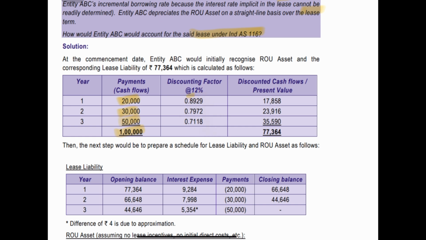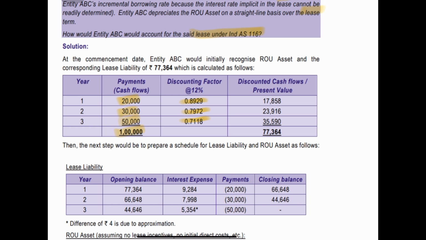So 1 divided by 1.12, you will get 0.8929, and 0.8929 divided by 1.12, you will get 0.7972, and 0.7972 divided by 1.12, you will get 0.7118. So these are the discount factors.